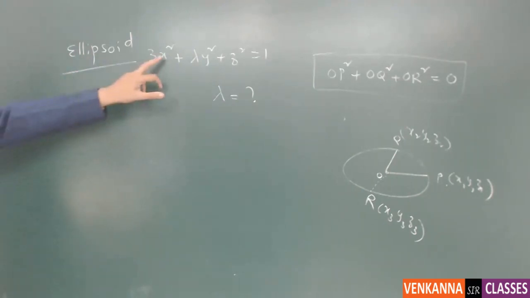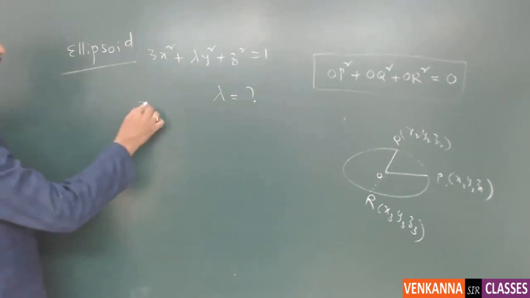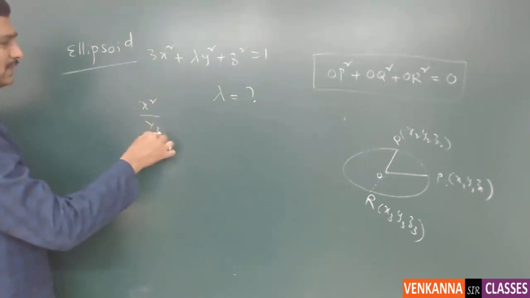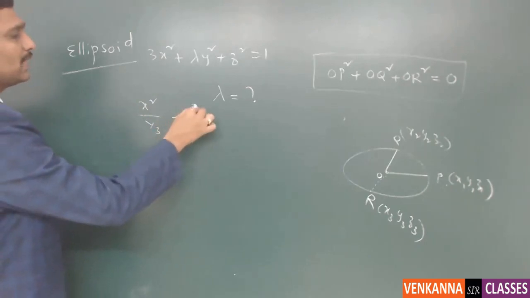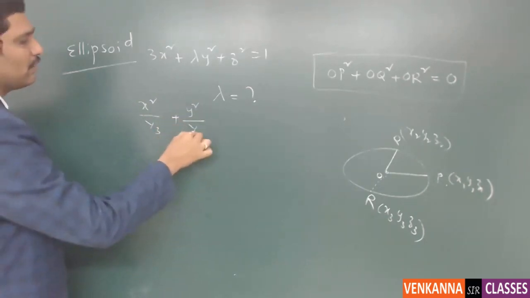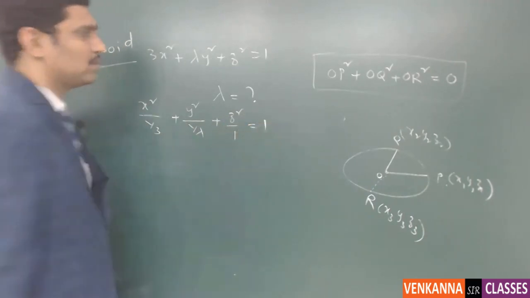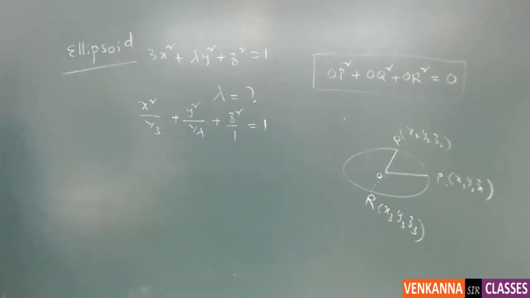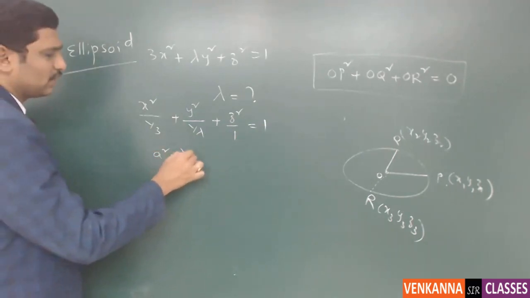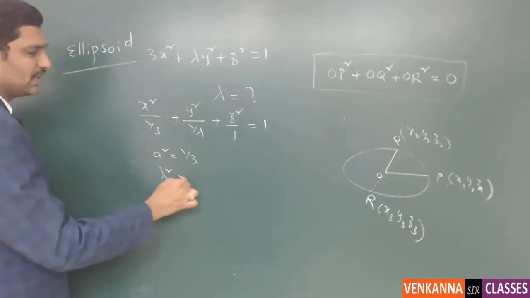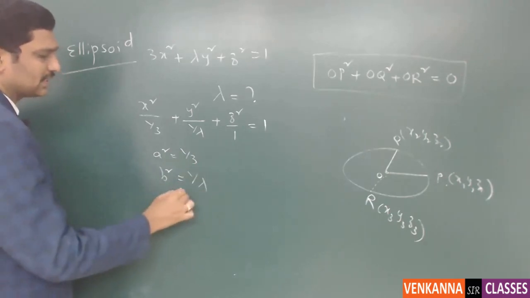So if you rewrite the given equation in the form of ellipsoid, it is nothing but x square by 1 by 3 plus y square by 1 by lambda plus z square by 1 is equal to 1. So comparing with the ellipsoid equation, a square is equal to 1 by 3, b square is equal to 1 by lambda, c square is equal to 1.